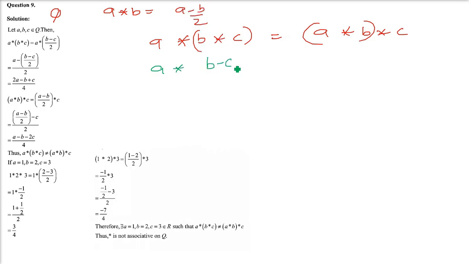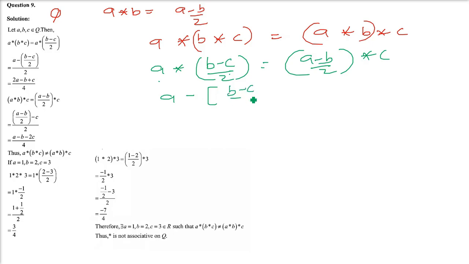So A star (B star C) is A minus (B minus C by 2) by 2, because A star B is A minus B by 2. Here we have (A minus B by 2) star C. Now if they are equal, then only it is associative, this is what we are trying to see. A will be taken as A, B will be taken as B minus C by 2. So A minus (B minus C by 2) divided by 2 equals (A minus B by 2) minus C divided by 2.